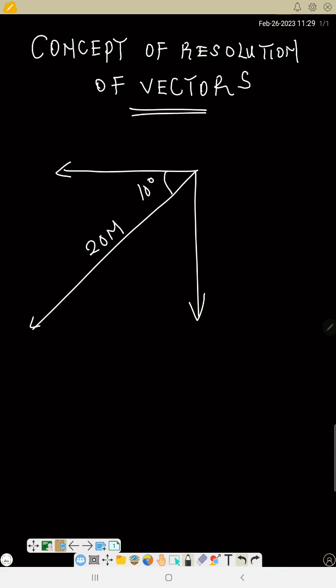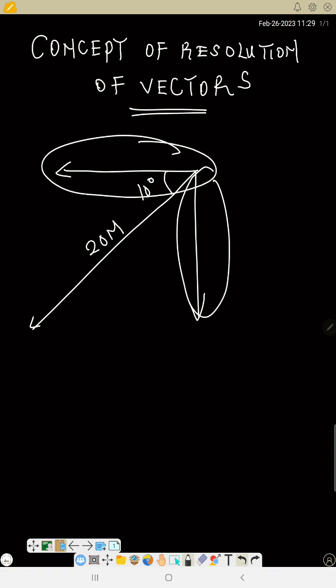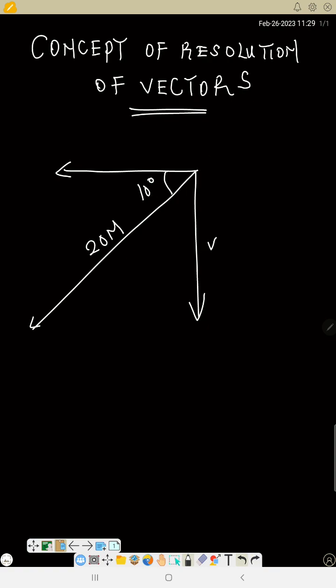Now, what is the vertical component? If we say vertical component, you know vertical is straight, and horizontal is like this. Take note. This is vertical, while this is horizontal. What is the vertical component and what is the horizontal component?